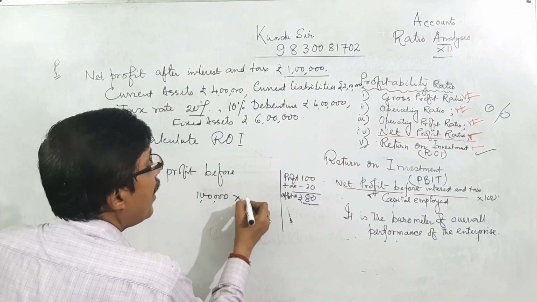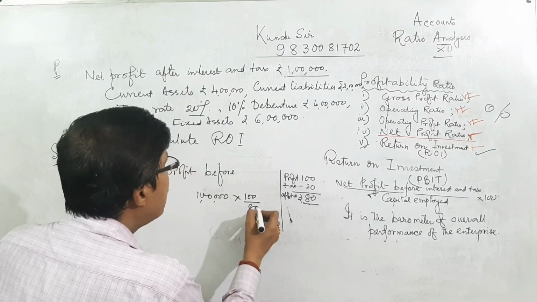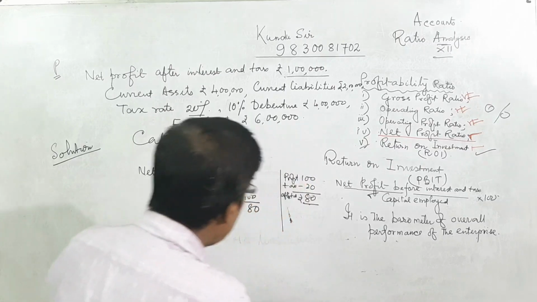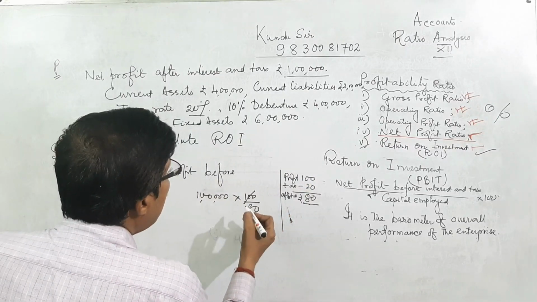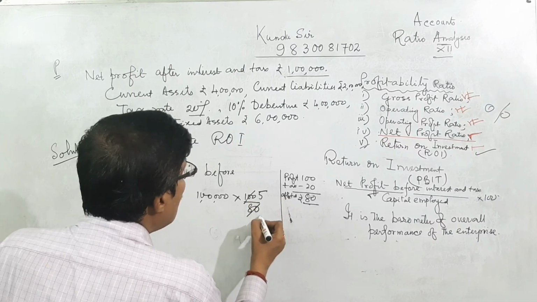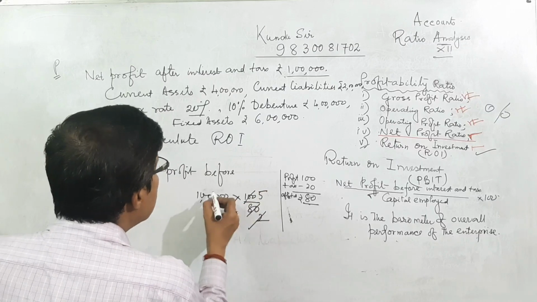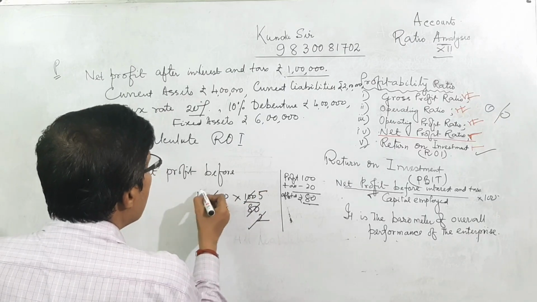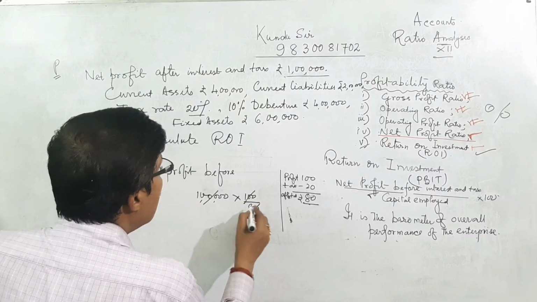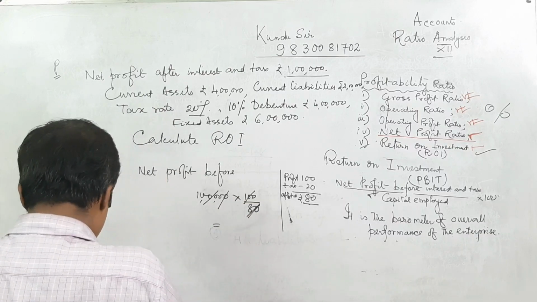That is 1 lakh multiplied by 100 divided by 80. How are we getting it?